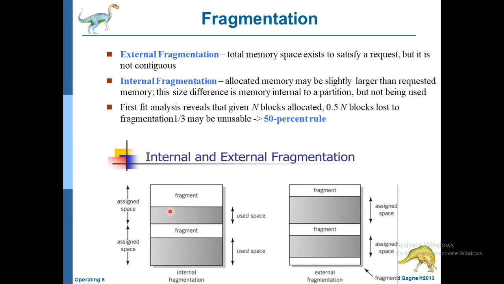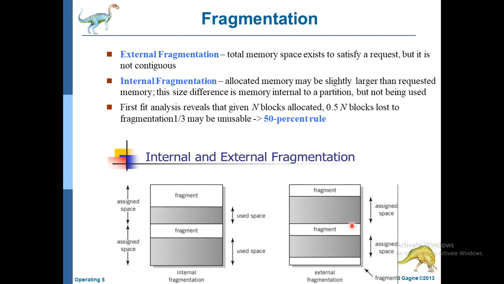The whole block is allocated for process 1, but only this much memory is used by process 1 and the remaining is unused. That unused space cannot be used by other processes. That is called internal fragmentation: within the block we have free space that cannot be used by other processes, right?